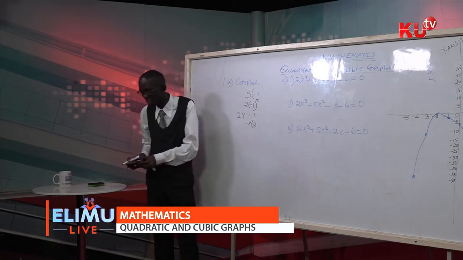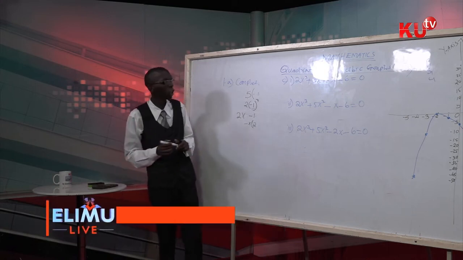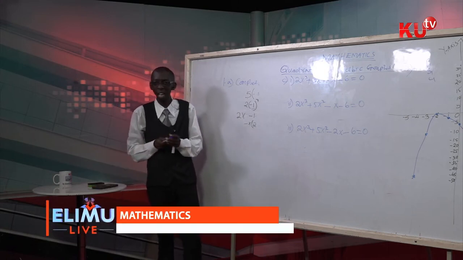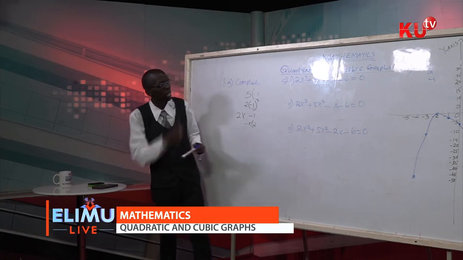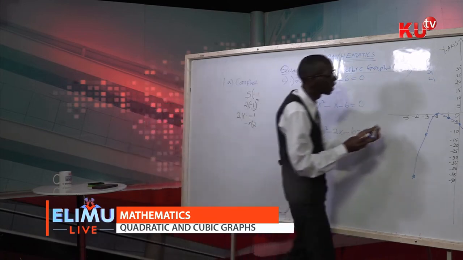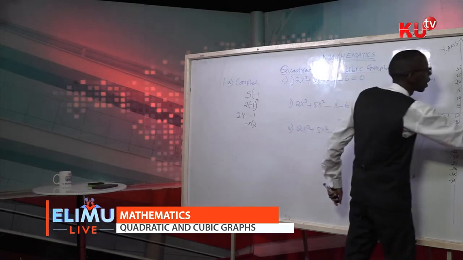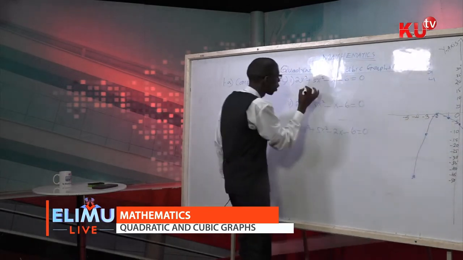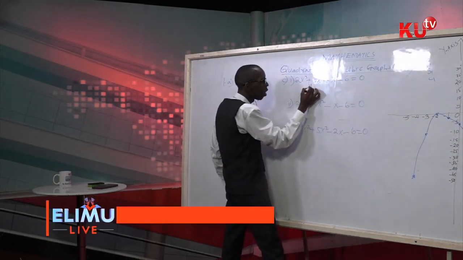That question is very important to understand: you are using the graph that you have plotted to solve those equations. How do we use the graph to solve the equation? We have the equation given.